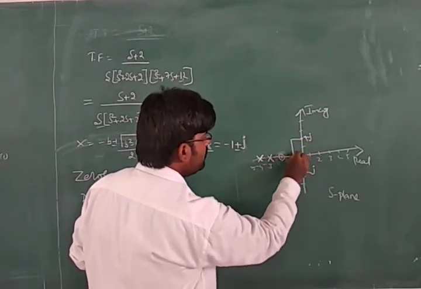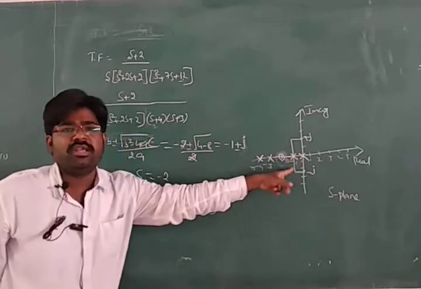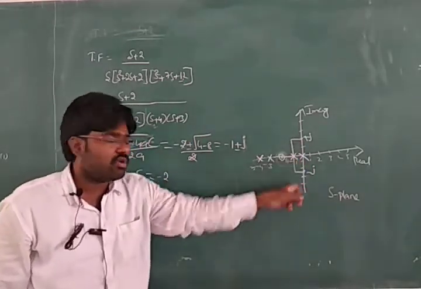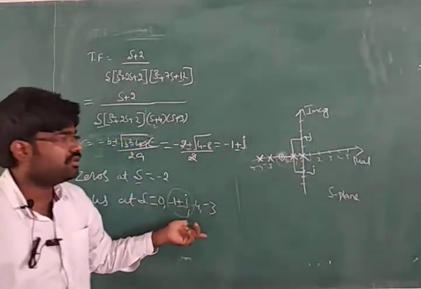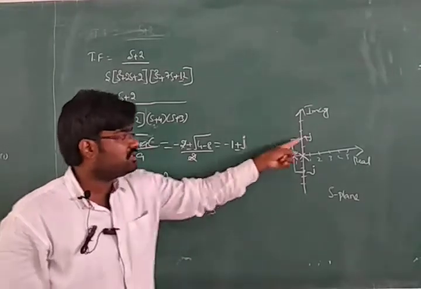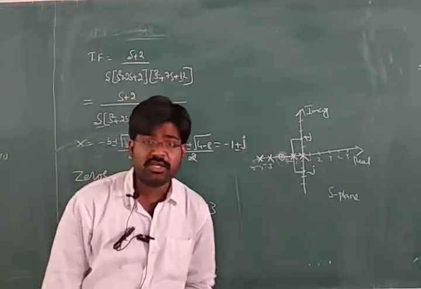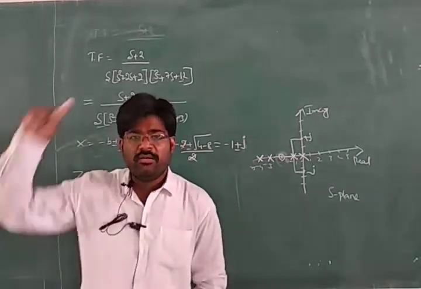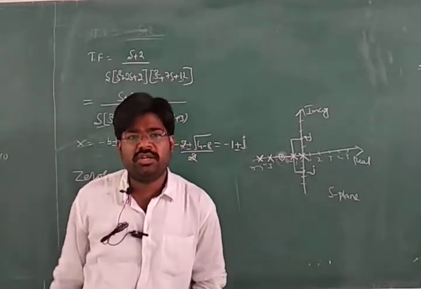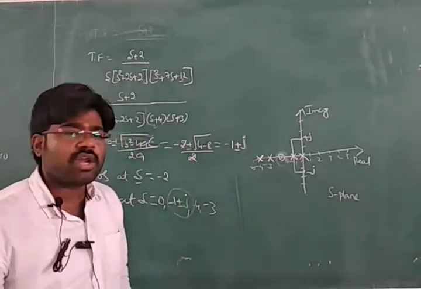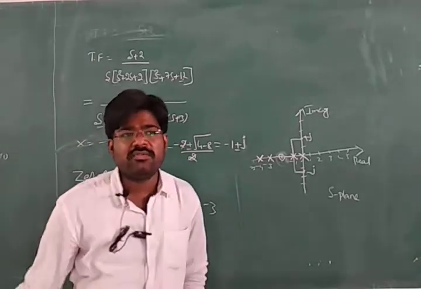So this is one imaginary pole. This is how we have to draw the imaginary poles. Minus 1 plus j, minus 1 minus j. This is how we represent the poles and zeros on the s plane with the help of the given transfer function. Understood? How to draw the s plane using the transfer function?